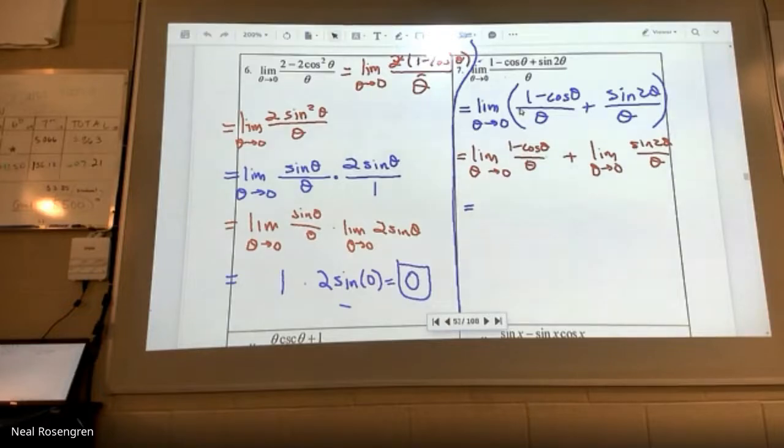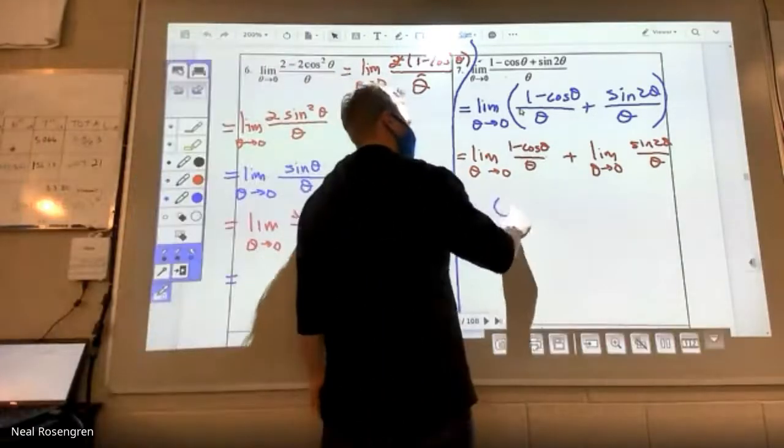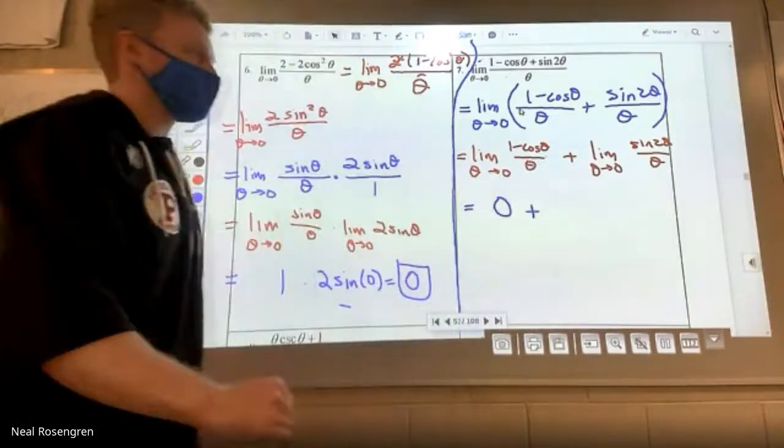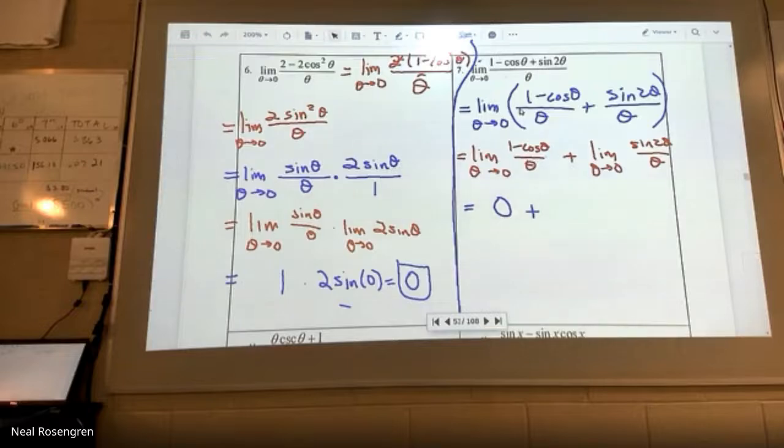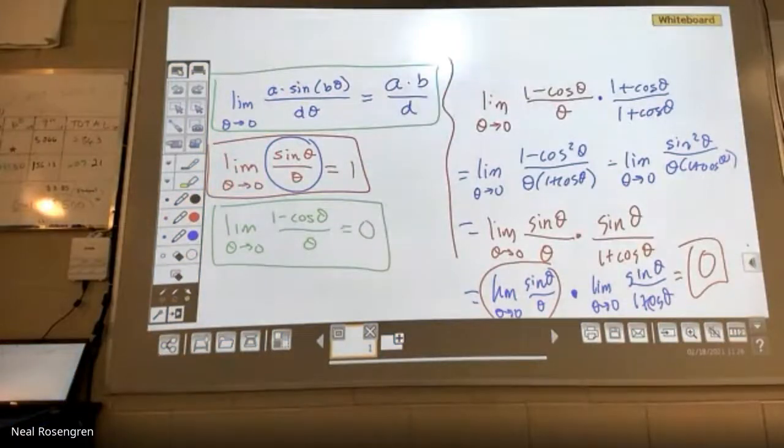Okay, so what's that first limit? 0. What about the second one? It's not exactly sine of theta over theta. It's sine of 2 theta over theta. Whatever your numbers are that are being multiplied through that really nice sine of theta over theta setup, you can pull those out.